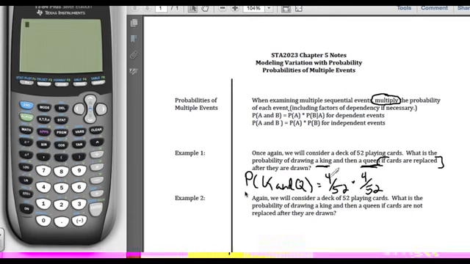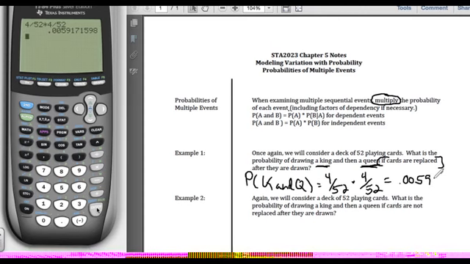So the probability of the king is 4 out of 52, the probability of the queen is 4 out of 52. I can multiply those as they are. 4 out of 52 times 4 out of 52, and I get my probability is 0.0059 if I round that to 4 places.